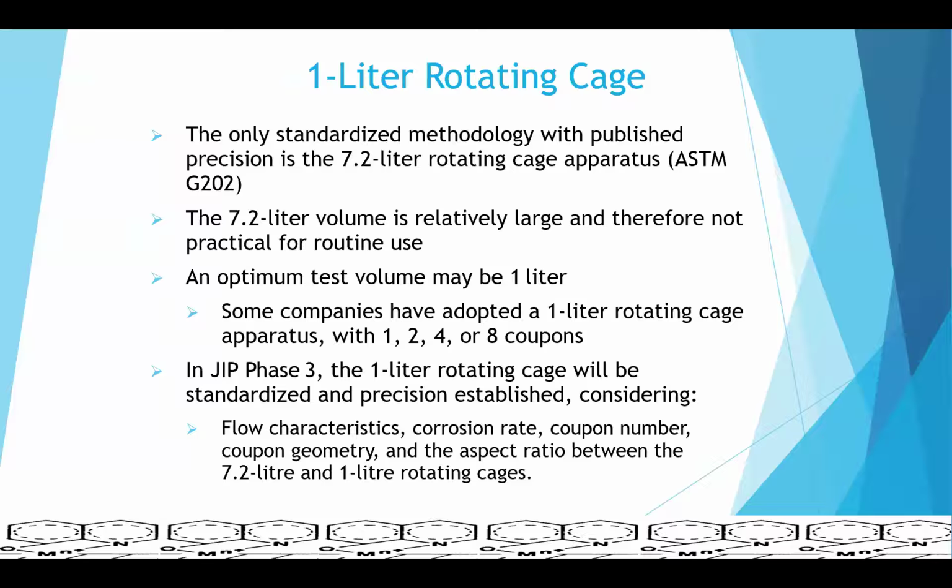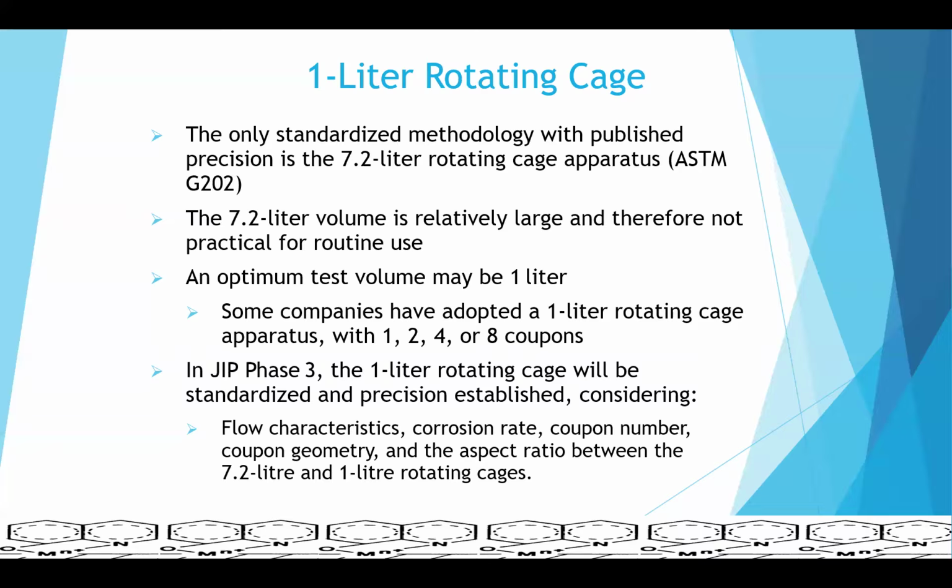Again, when we say standard test method ASTM G202, it requires specific apparatus, specific procedure, specific operating conditions, specific configuration. If you change any one of them, then you have to redo the precision statement. That aspect is not understood by some of the laboratories.